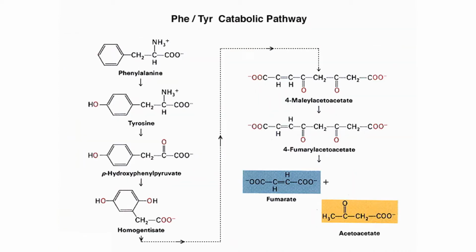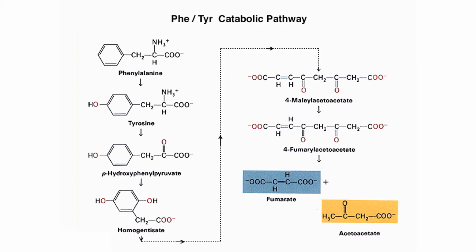So here's an example of a complicated catabolic pathway that you don't need to worry about, but it shows the carbon skeletons of some of our aromatic amino acids, for example, phenylalanine and tyrosine. These are considered to be ketogenic amino acids.